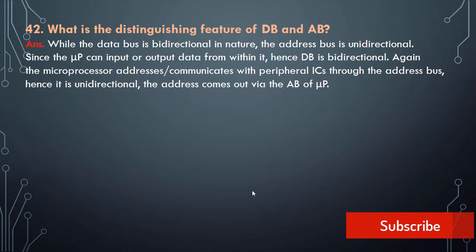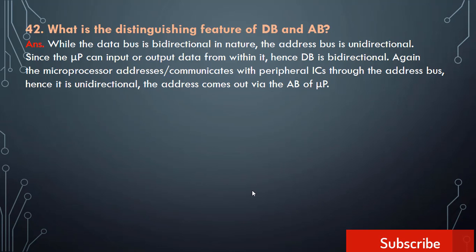The next question, what are the distinguishing features of the data bus and address bus? The data bus is bidirectional in nature and the address bus is unidirectional. Since the microprocessor can input or output data within it, the data bus is bidirectional. Again, the microprocessor communicates with several peripheral devices through the address bus, hence it is unidirectional.